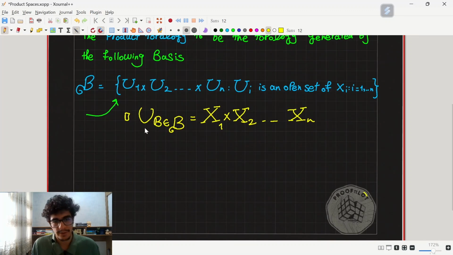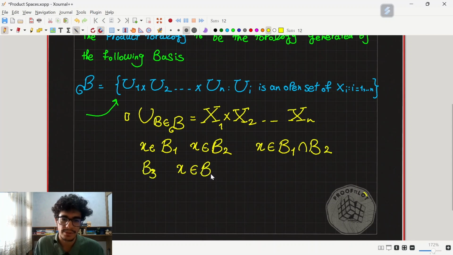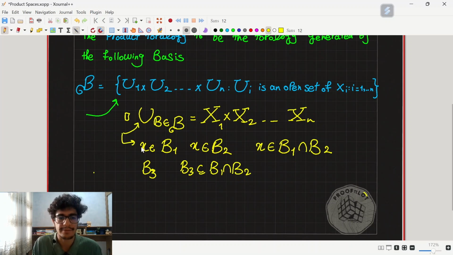And the second one is if x is in B1 and x is also in B2, so it's in fact in their intersection, then there should exist a B3 which x belongs to, where B3 is a subset of B1 intersected by B2. We need to prove that these two things are in fact correct.